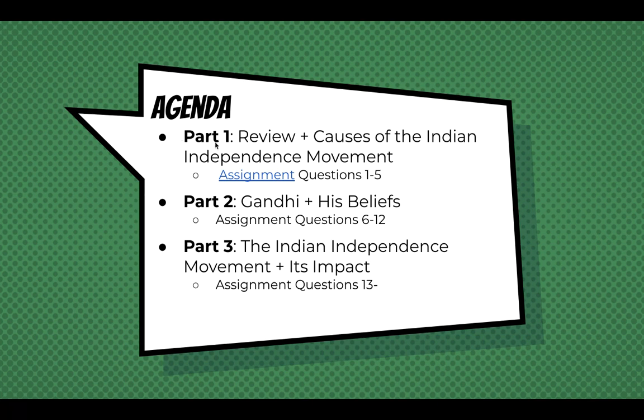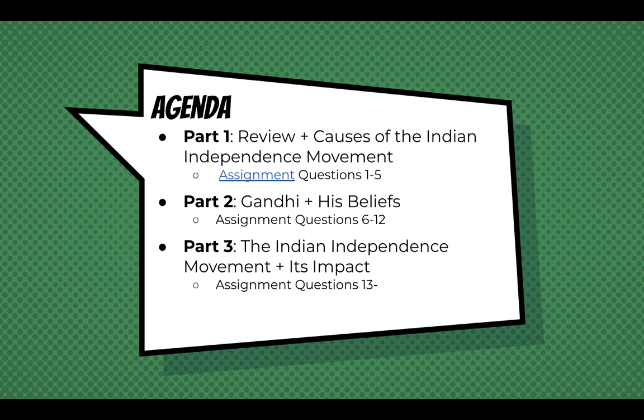So we are just up in this first part here, and I don't know if you remember where we left off, but we were talking about how in China there was a revolution and China became a communist country and they got rid of all the Europeans that were there. They were now their own kind of place. So we are not going to another country. We're back in India.